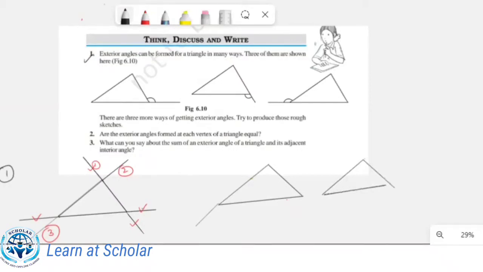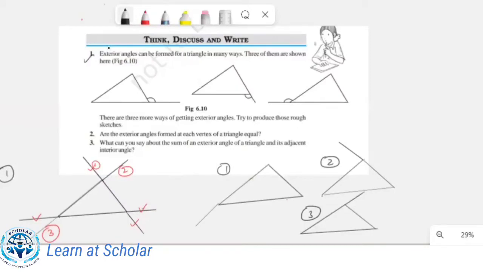The first exterior angle, the second exterior angle. See, these angles are not drawn above, and it is the third one. Right? 1, 2 and 3.